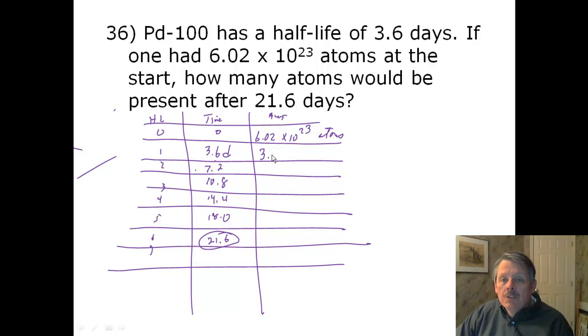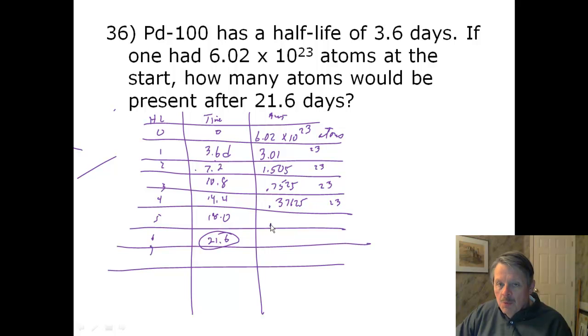Well, this is 3.01 times 10 to the 23rd. This is 1.505 times 10 to the 23rd. This is, okay, I'm going to not do it in proper scientific notation. 0.7525 times 10 to the 23rd. These are all going to be times 10 to the 23rd. 0.37625 times 10 to the 23rd.